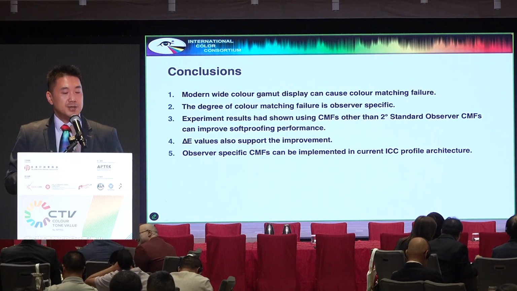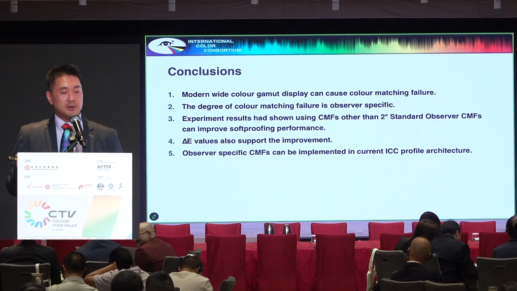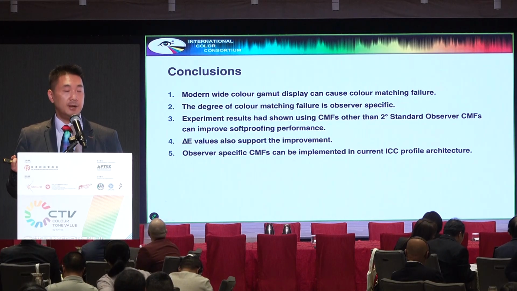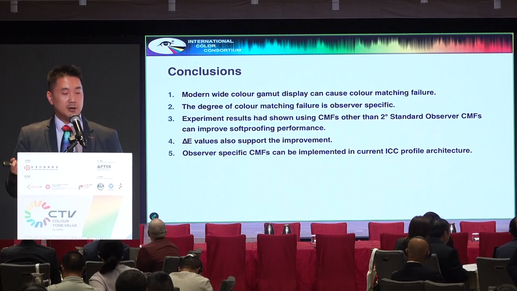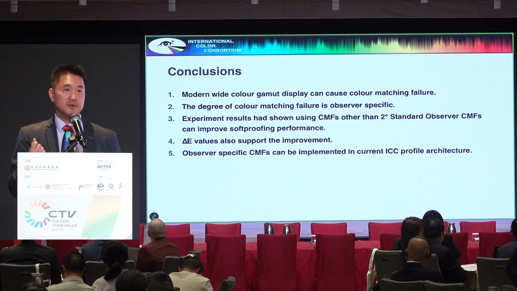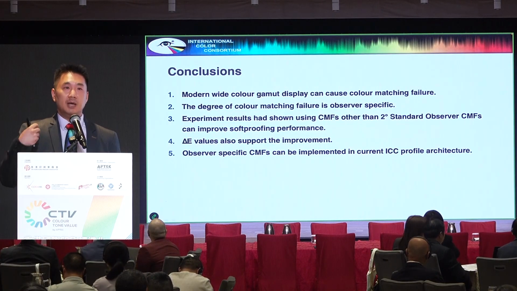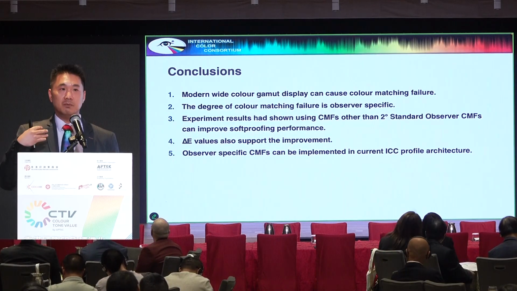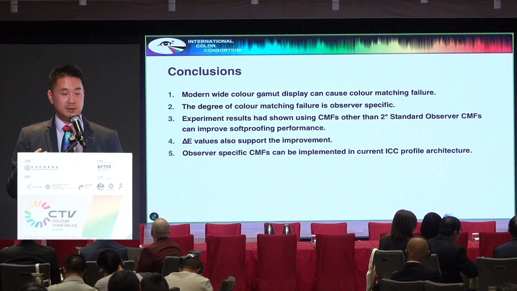Modern wide color gamut displays can cause color matching failure. The degree of color matching failure is observer specific, so you and I see color very differently. So we need what we call personalized color management nowadays.